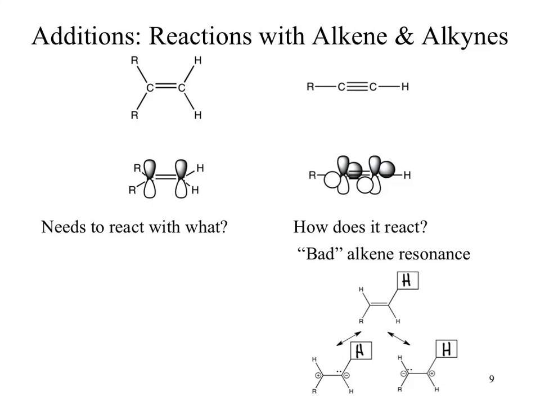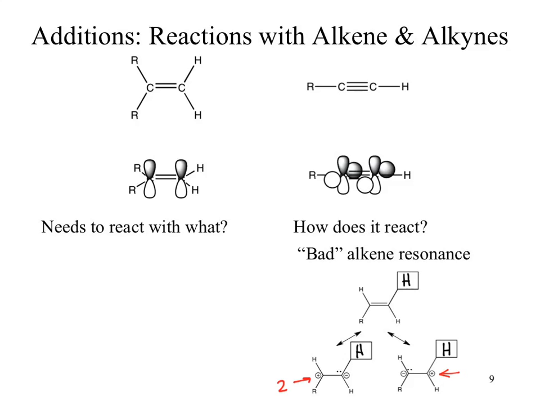Take a look at our leftmost structure. Our negative is on what type of a carbon? We said positive, sorry, my bad. Let's try that again. Our positive is on which type of structure? Primary, secondary, tertiary. If we look at our other one, where is it?